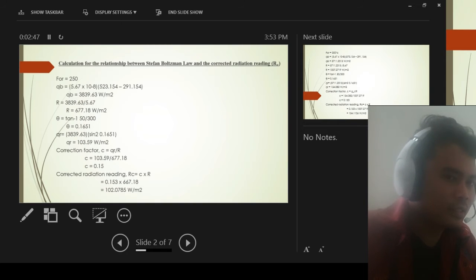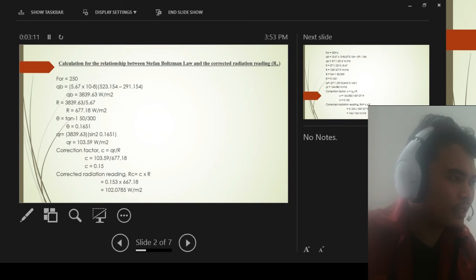So R is the radiometer reading, from QB divided by the Stefan-Boltzmann constant, and we get the value 677.18 watt per meter square.